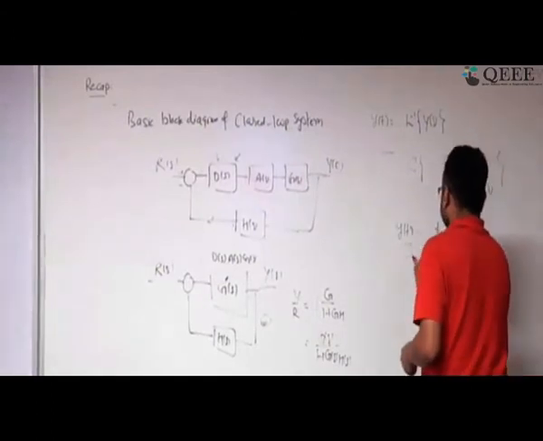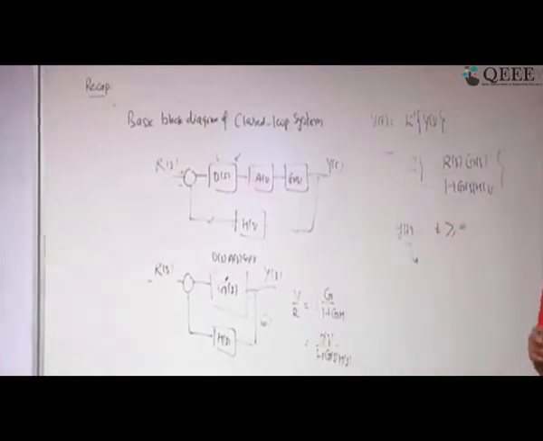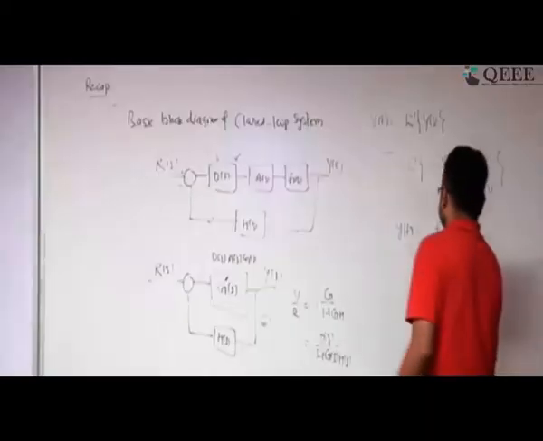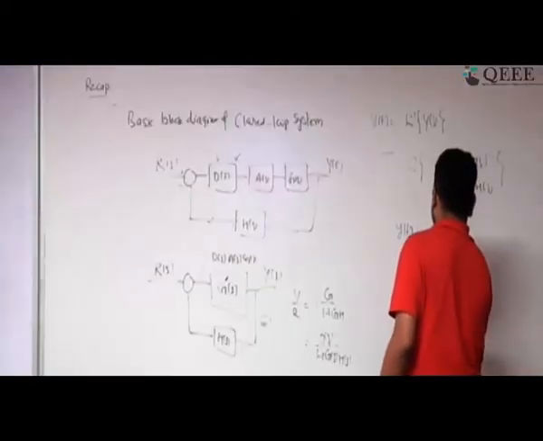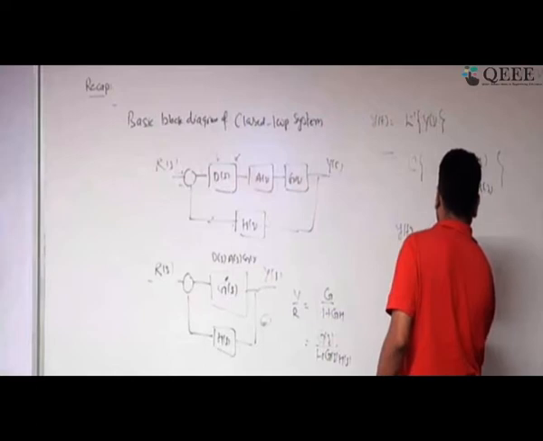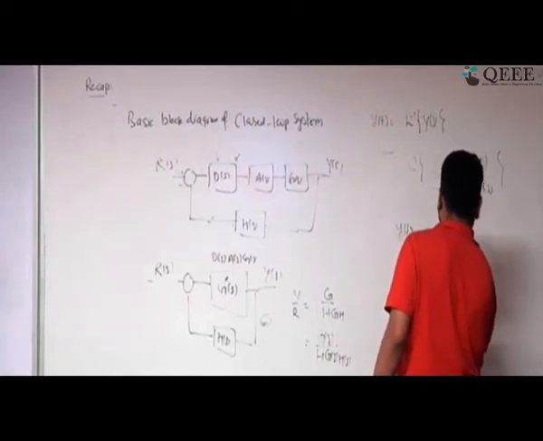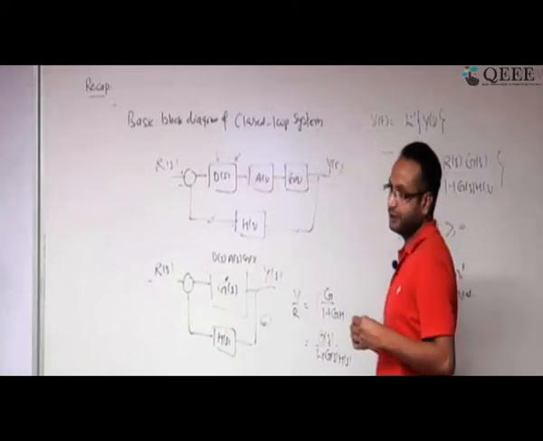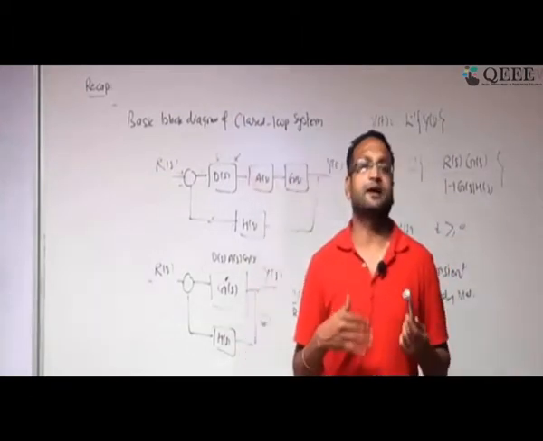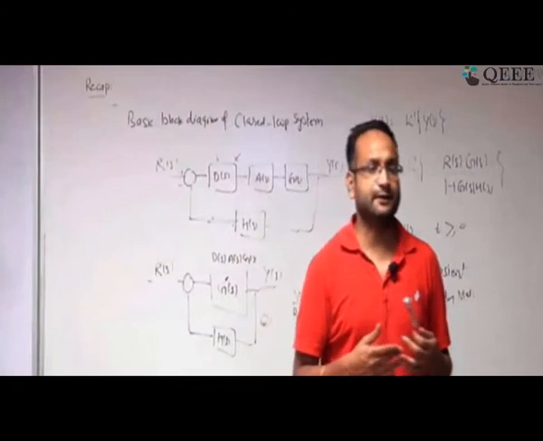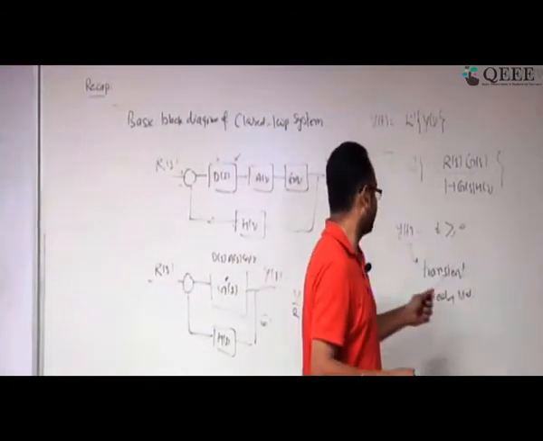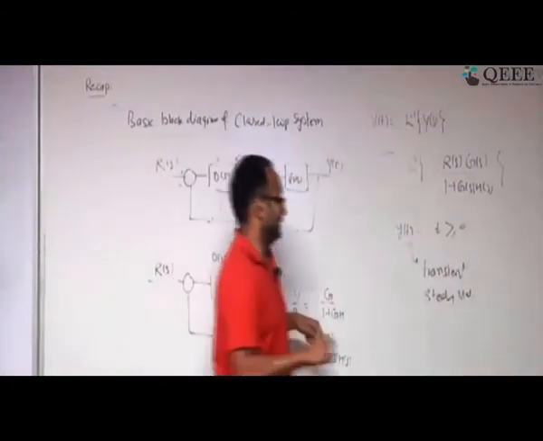And when I took some examples, I talked about transient response and steady state response. Transient response comes because of the system poles.